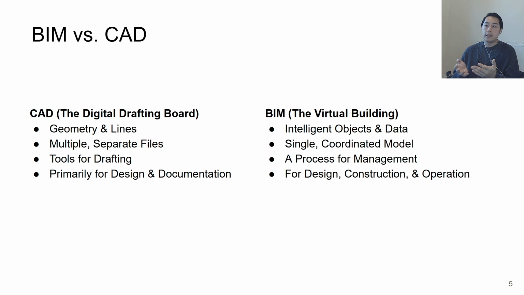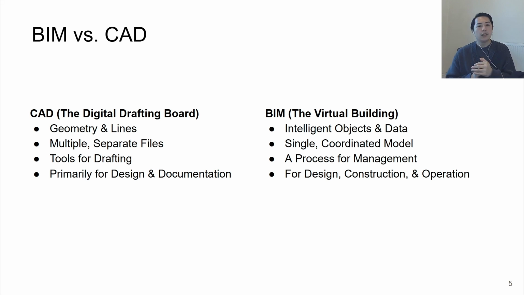Whereas BIM is more or less the virtual building, capturing intelligent objects and data. And it's the single coordinated model, which is a process of management. Okay, and that can be for the design, the construction, and the operation side of it. So I guess the difference between CAD and BIM is that it's not an upgrade, it's a revolution.